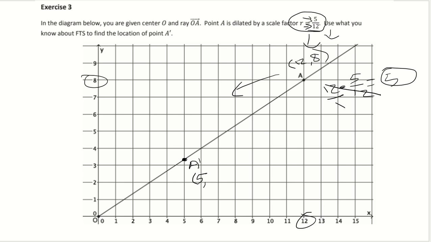Okay, so the same thing is set up here, right? 8 times 5/12. The difference is we don't have anything that cancels automatically, right? But if we look at that, 8 times 5 is 40, and 12 times 1 is 12. 12 goes into 40 3 times, that's 36, right?